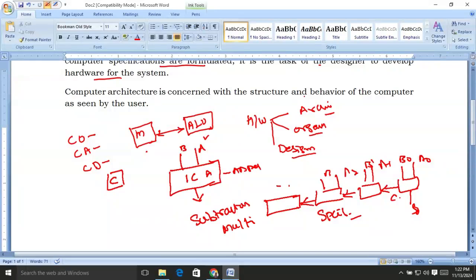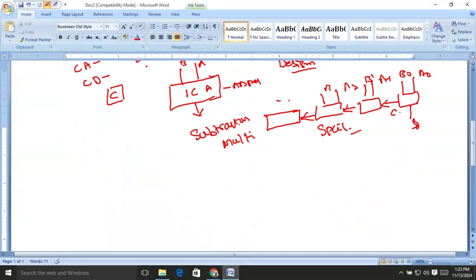The final one is the architecture, which is the structure and behavior of the computer as seen by the user. Suppose this is the system, or this is the computer. What additionally are we going to add?